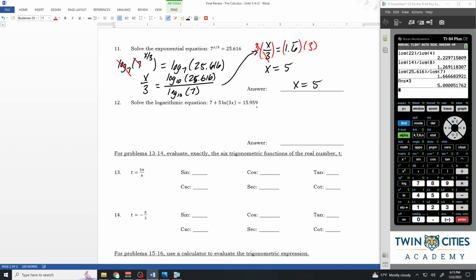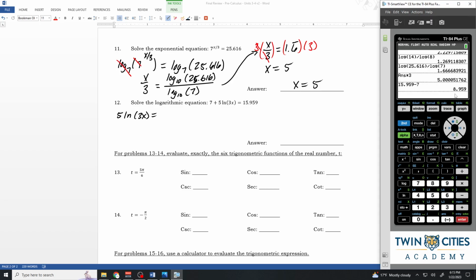Let's subtract 7 from both sides. On the left side, this will leave 5 times the natural log of 3x is equal to, on the right side, 15.959. We're subtracting 7, 8.959.